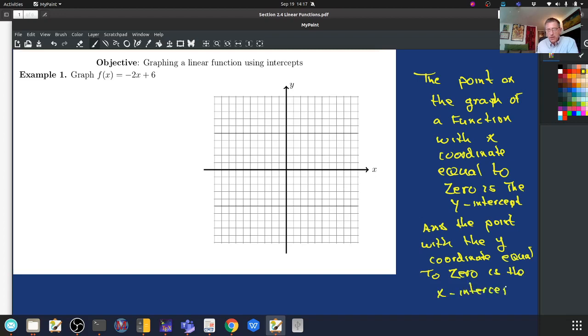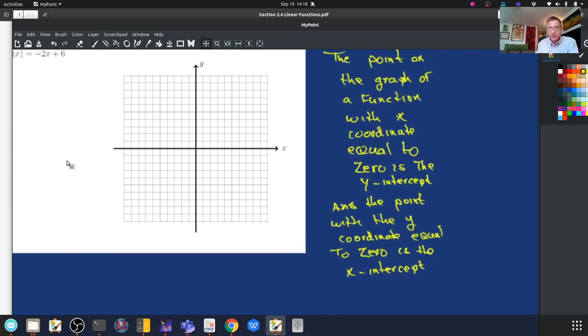And I have to add one last piece to this recipe to make it a true, mathematically true statement.